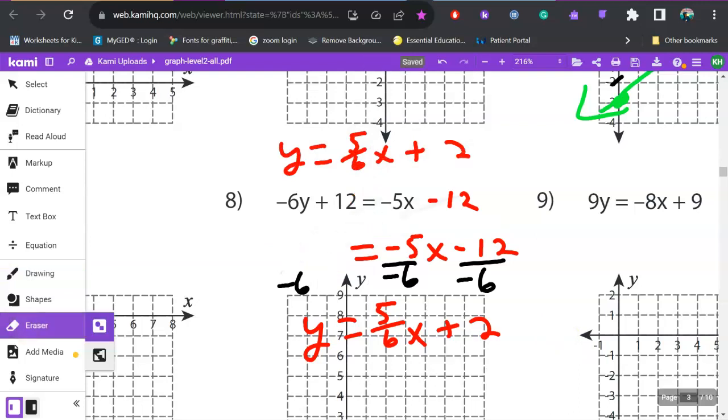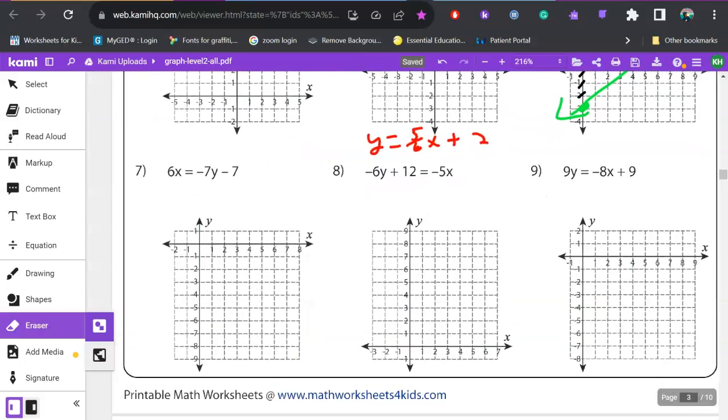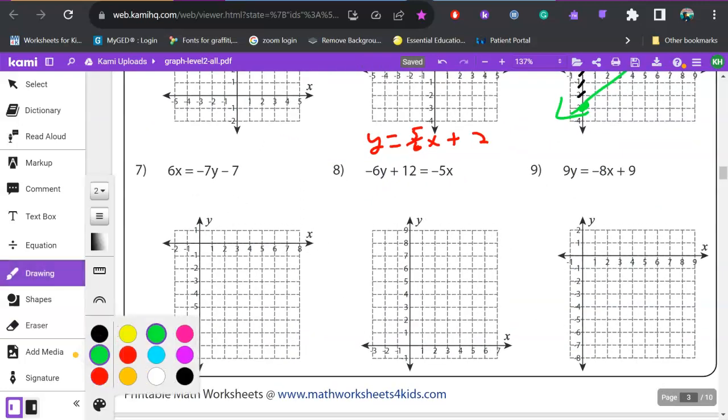All right, get that out of the way of my graph. Here we go. And now I can see I'm starting at my y-intercept, which is a positive 2. So I'm going to start right here. And then my slope is 5 over 6. Rise 5, 1, 2, 3, 4, 5.